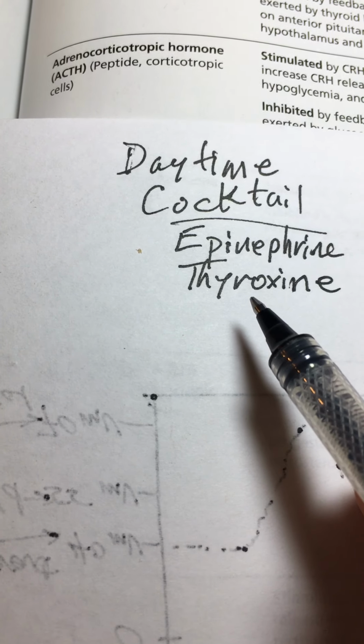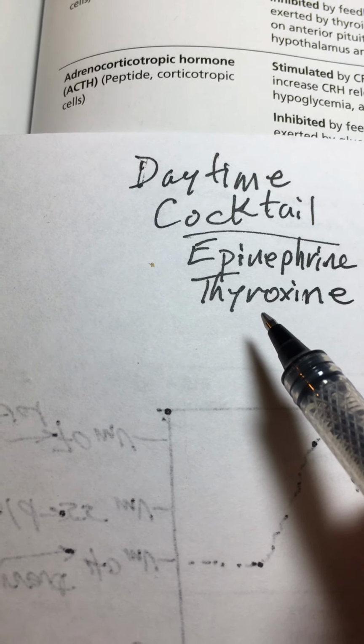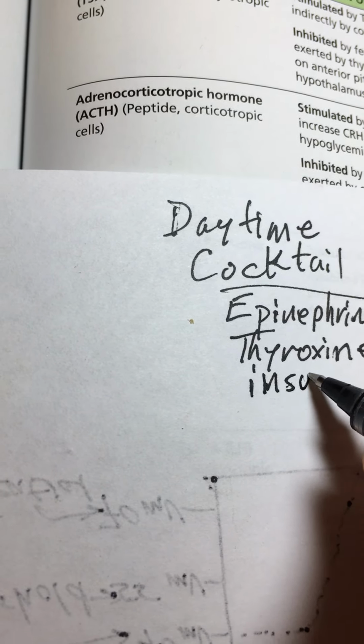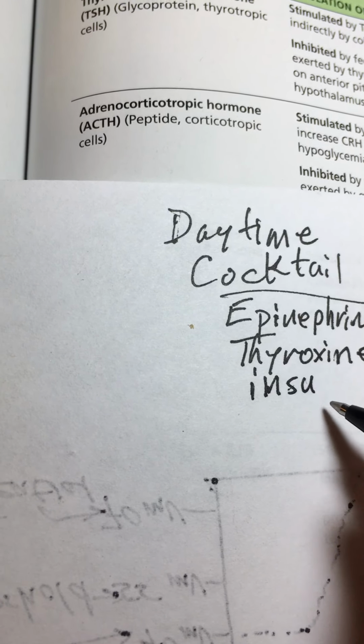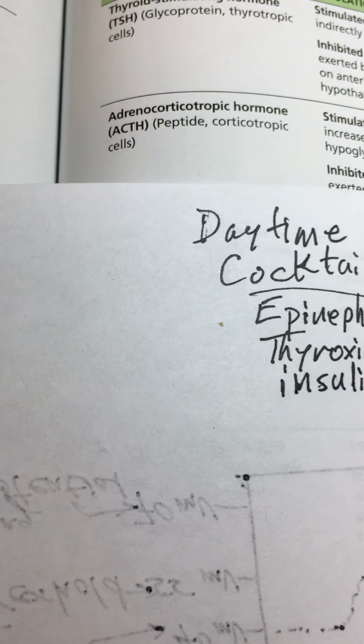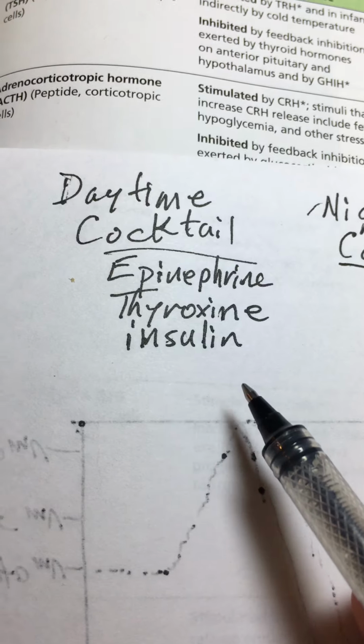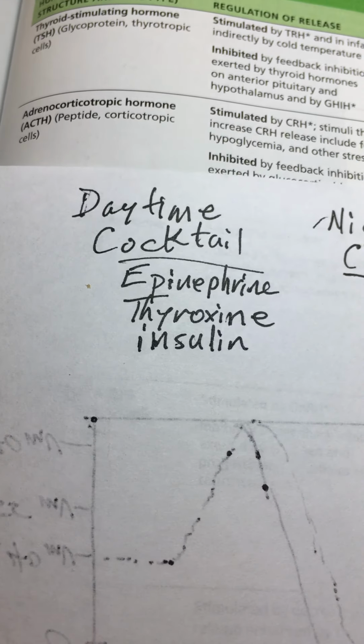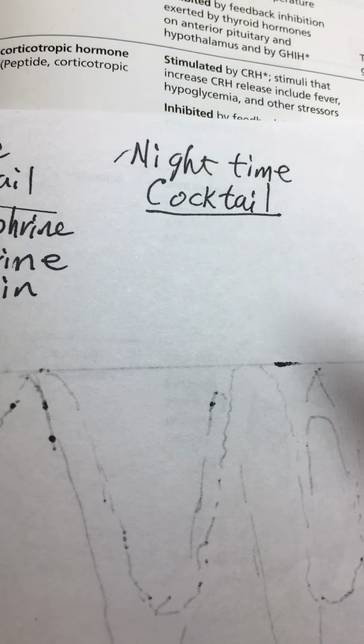Okay, so that increases the metabolic rate of the body. And then we have insulin. We have insulin because we break our fast, called breakfast. Okay, so we take on food, and as the nutrients circulate in the blood, insulin is released, and we take up the nutrients into the cells.